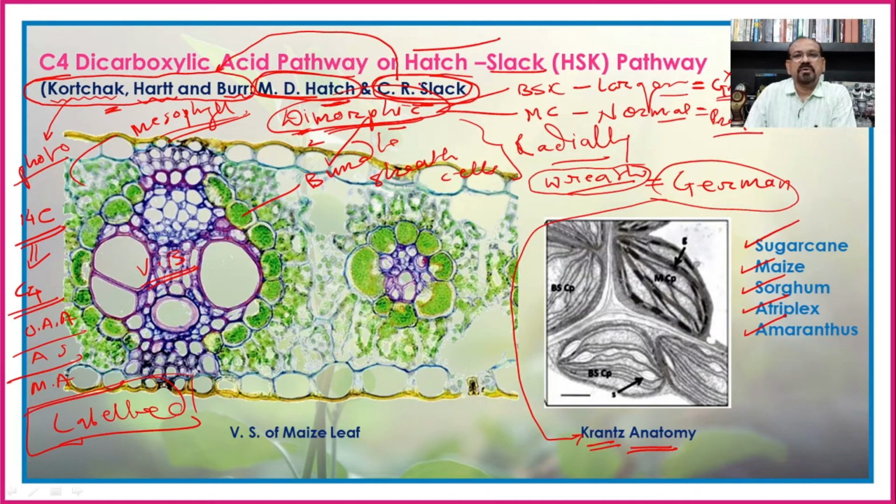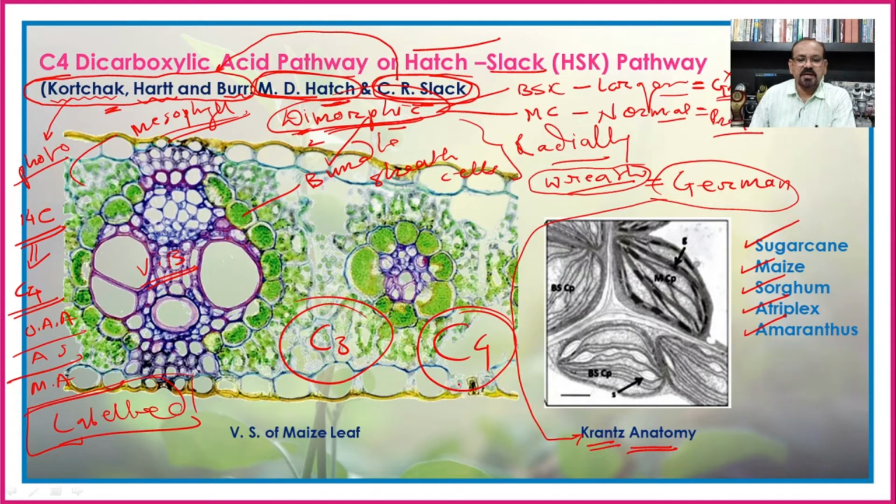So if we compare this Hatch and Slack pathway, which is also known as the C4 pathway or C4 dicarboxylic acid pathway, as earlier we have seen, the Calvin cycle is considered as C3 pathway and Hatch-Slack is the C4 pathway.